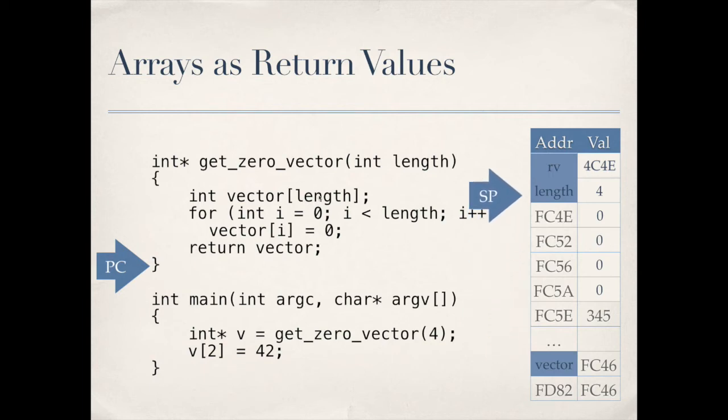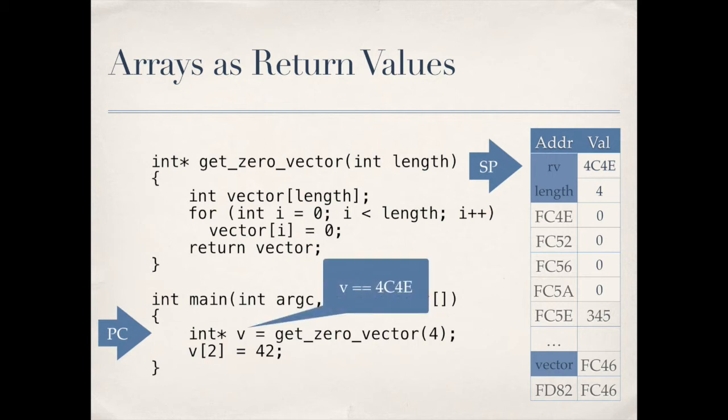So we're moving the stack pointer back to where it was at the beginning of the execution of getZeroVector, and we store the return value 4C4E into V.